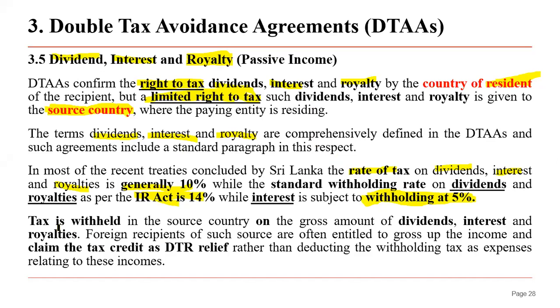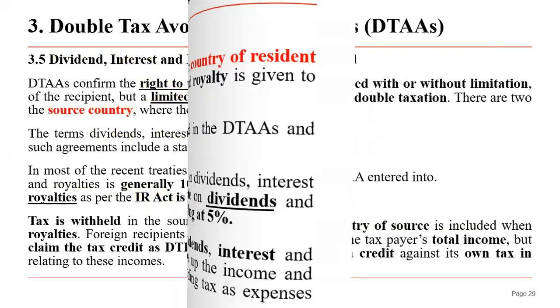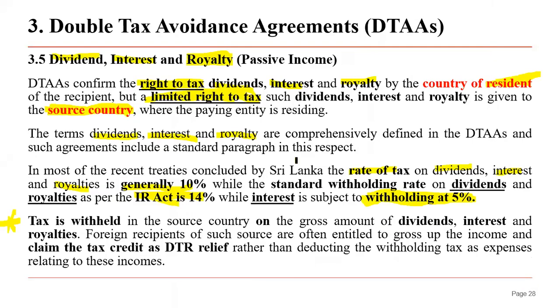Here is the para you need to keep in mind, this is also an examinable point. Tax is withheld at source on the gross amount of dividend, interest, royalty. Anyway, I will explain this on the whiteboard.